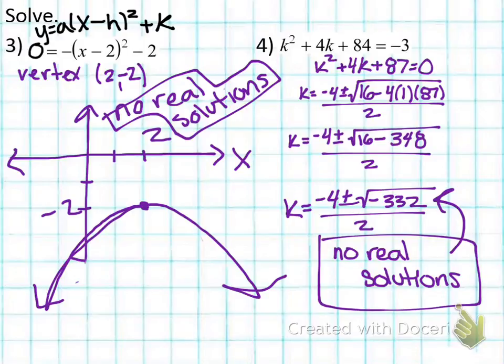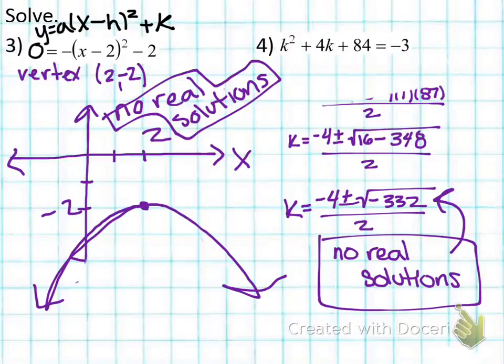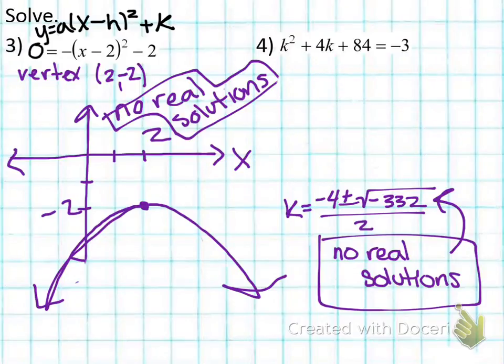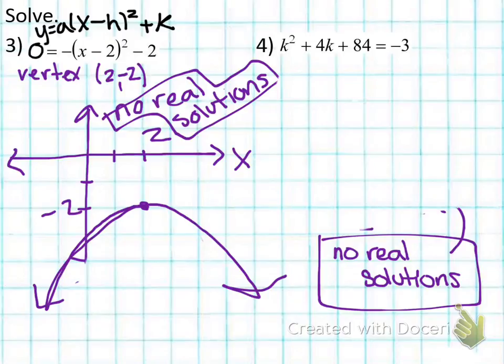If I instead did completing the square, I'll erase this quickly to show completing the square. I would have gotten this. Okay, so I would start by leaving a space after this and moving the 84 to the other side, and leaving a space on both sides for that.